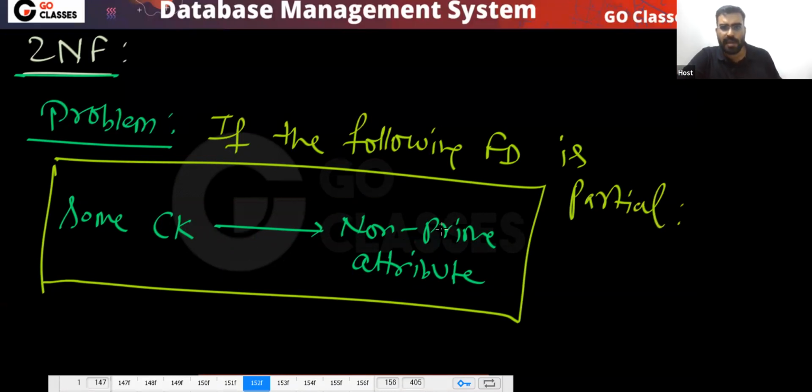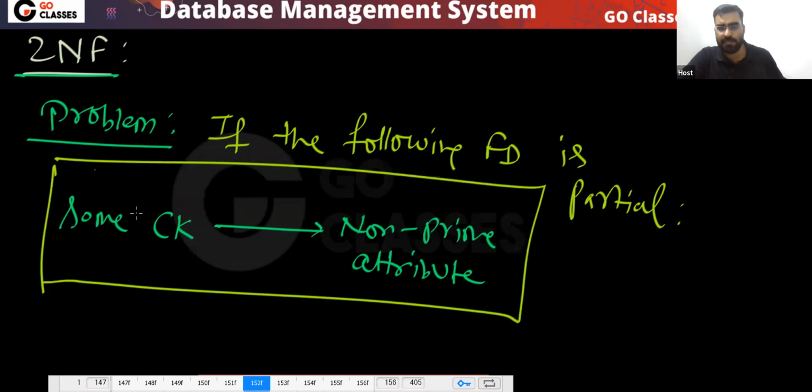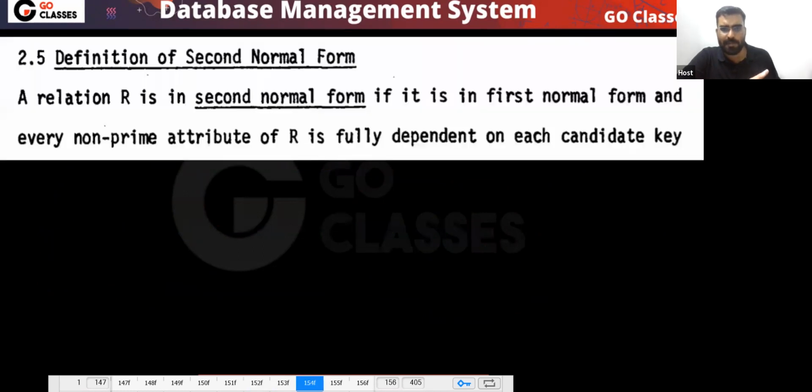Is this clear? Because if this FD is partial, then what is happening? Then a non-prime attribute is partially dependent on some candidate key. Don't worry, let's take examples. With the example, this concept will become clear, but this is the definition.